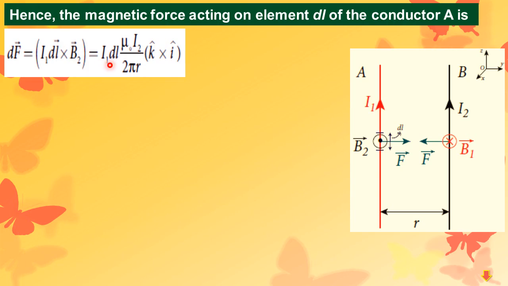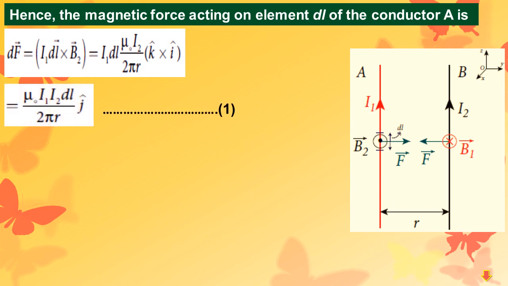That means I1 into dl into, instead of B2 we can put the equation before, mu naught I2 divided by 2 pi r into k vector into I vector. As you know, k vector into I vector is equal to j vector. So we get mu naught I1 I2 dl divided by 2 pi r into j cap.